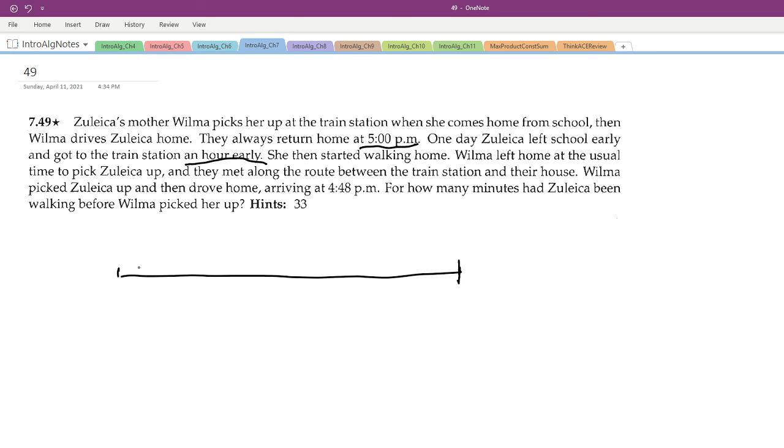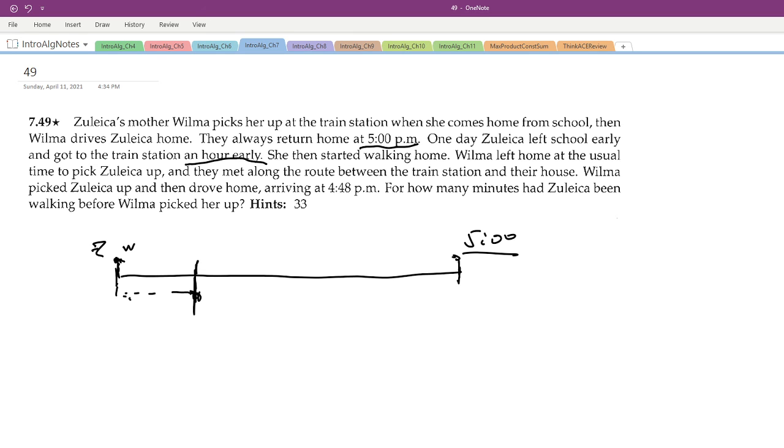So normally, Z arrives at the train station and her mother Wilma is already there. Then they drive back home and arrive at 5 o'clock. One day, because she arrived earlier, she started to walk. Her mother Wilma also left home at the same time, so they meet somewhere here.